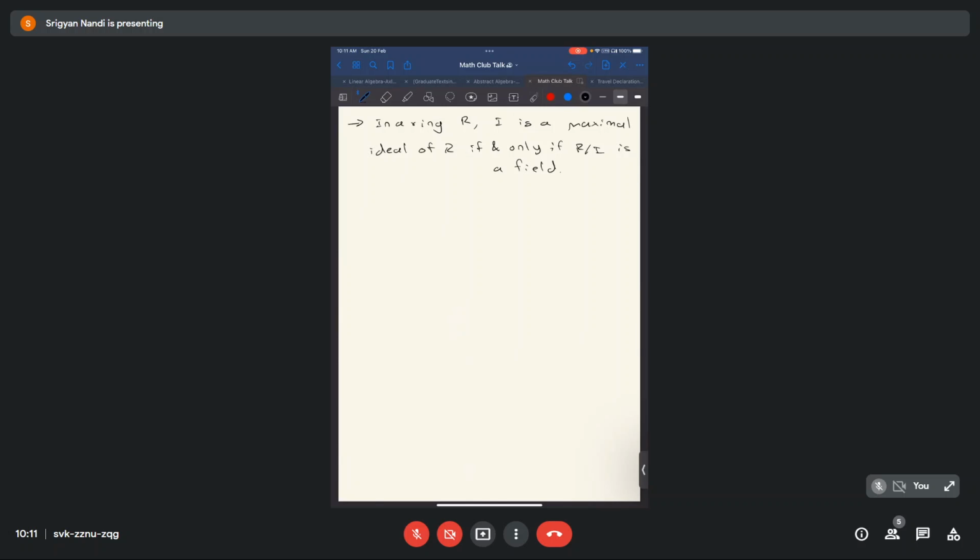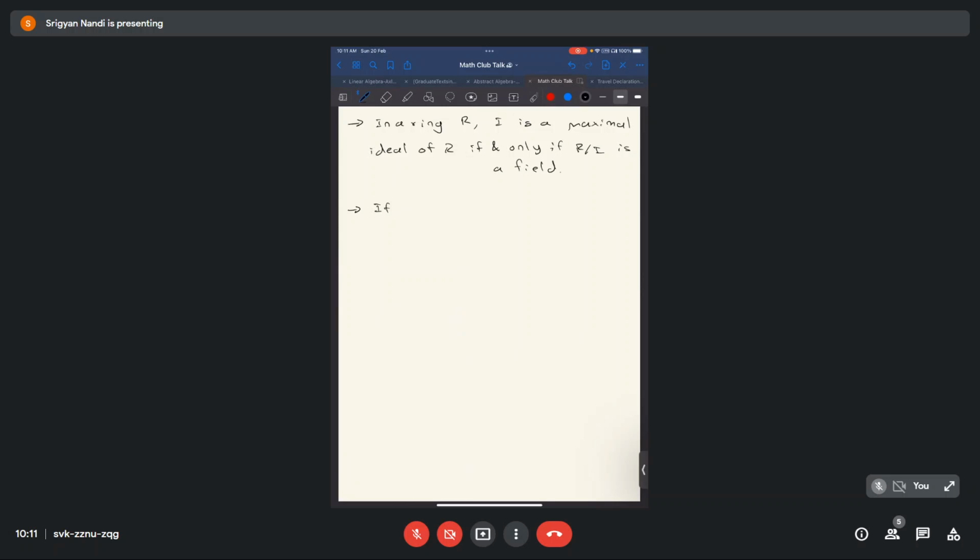And the last one being that we calculated the maximal ideals for several known rings such as Z, the fields, etc. And the last one was a very fundamental result about polynomial rings. Polynomials over fields.